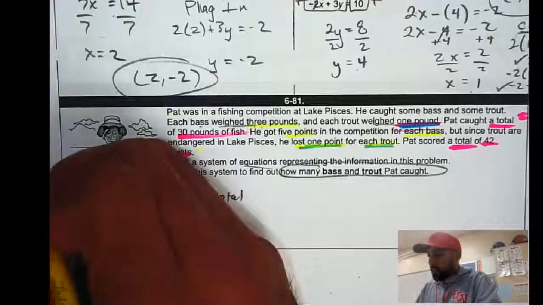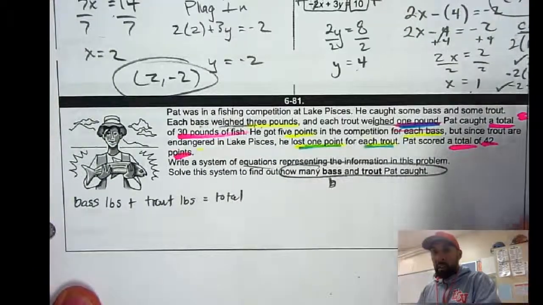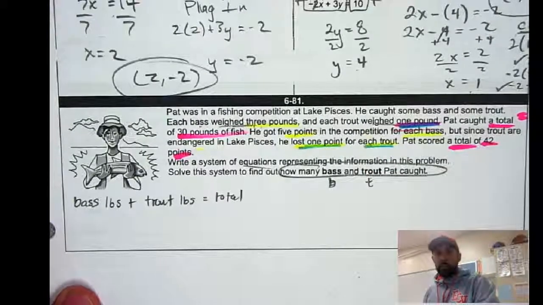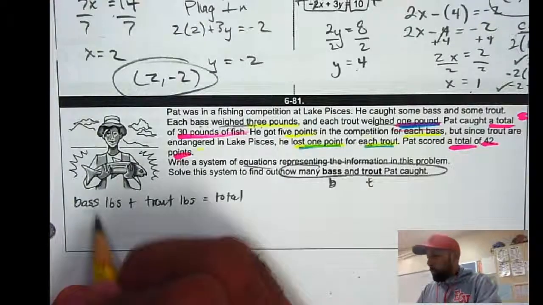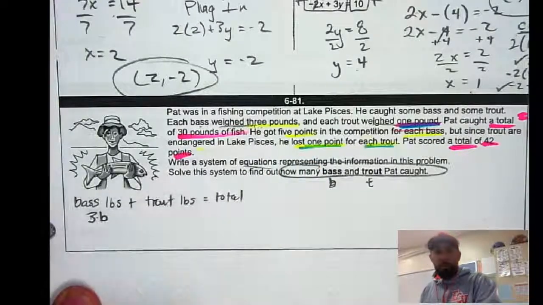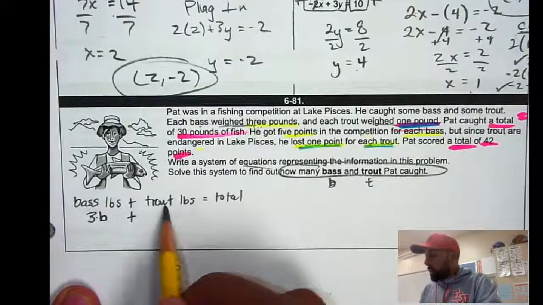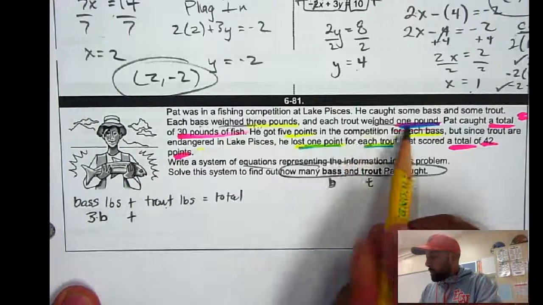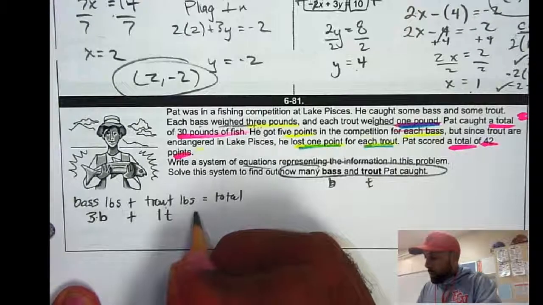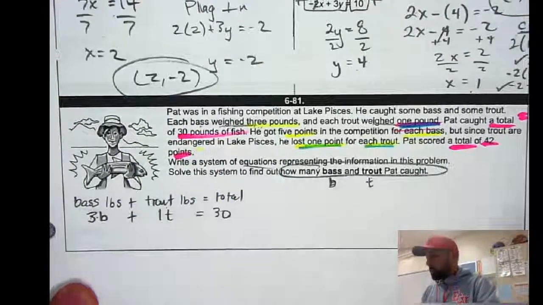Well, bass, that's what it's asking for, so we're going to make that our B. And then the trout is the other one it's asking for, so that's our other unknown T, okay? So bass, 3 pounds for every bass, so we'll say 3 times the amount of bass is the pounds for bass. Then for trout, it's how many pounds? 1 pound for every trout, so 1T. Okay, and then the total, we already know that it's 30 pounds. So there's our first equation.